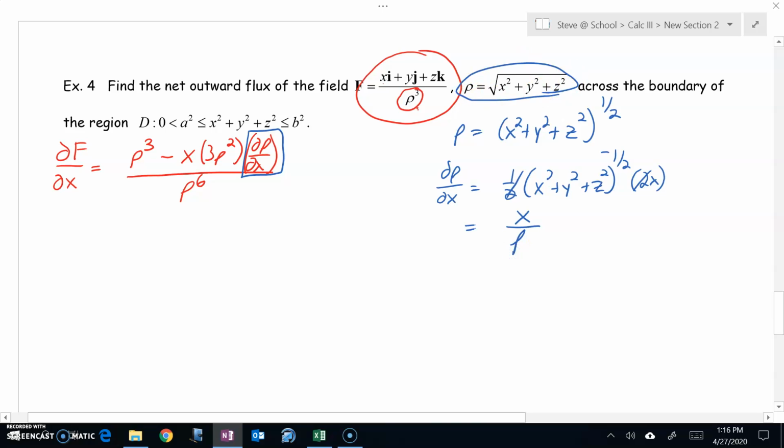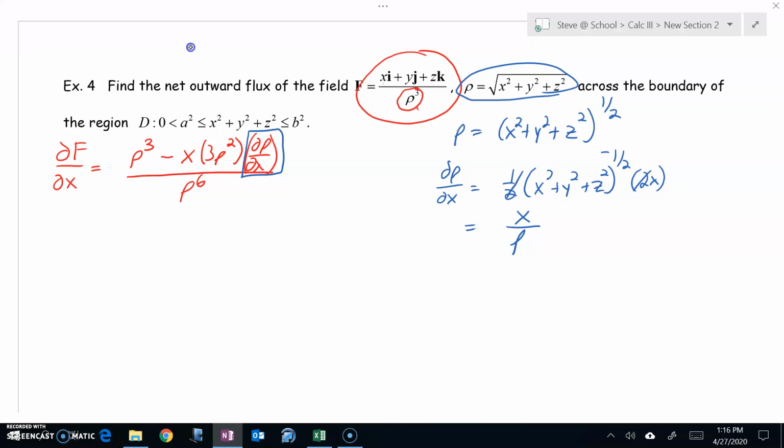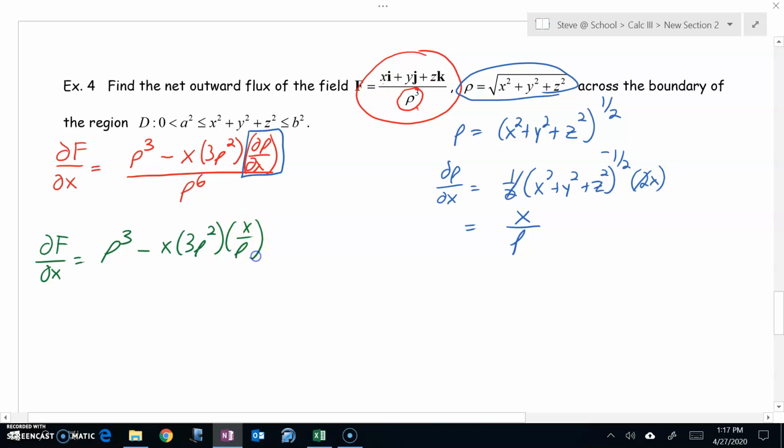Okay? So now I go back over here and I get that the derivative with respect to x is rho cubed minus x times 3 rho squared times x over rho, and then we get that all over rho to the 6th.